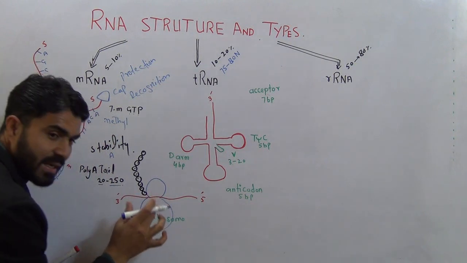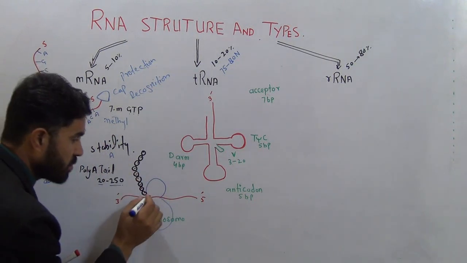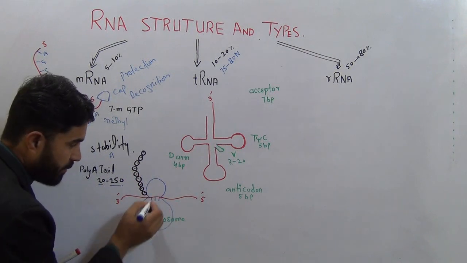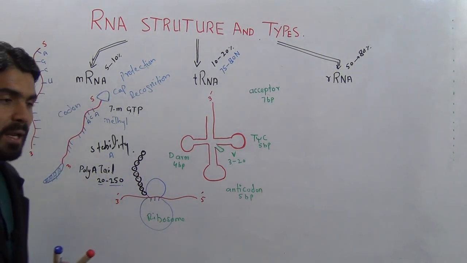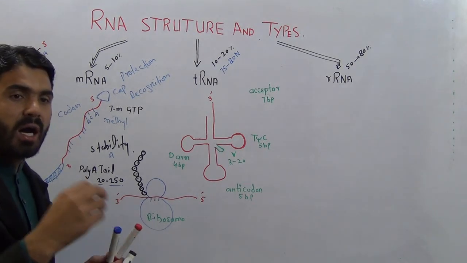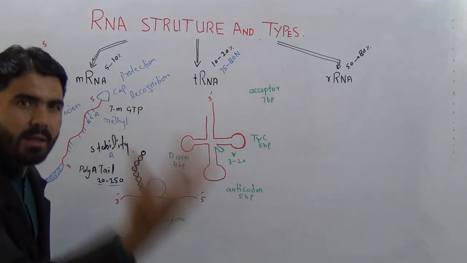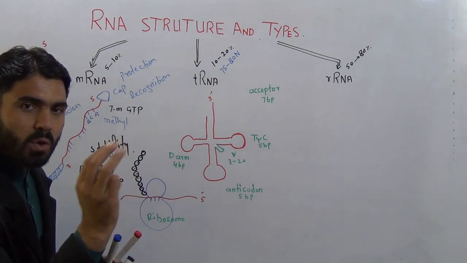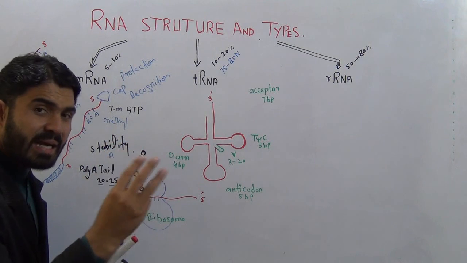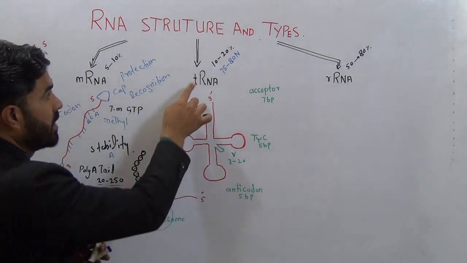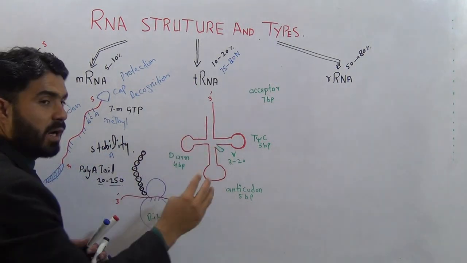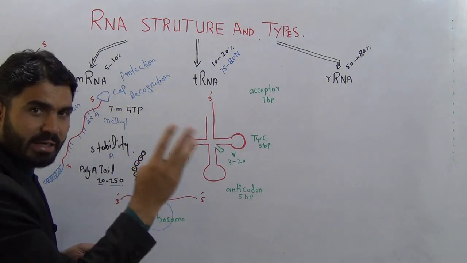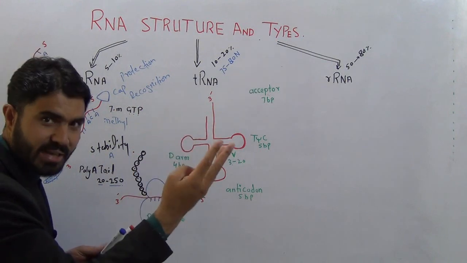And once it arrives at the ribosome, its codon will be exposed here. Fine. So we will search for another RNA, the transfer RNA, that will have the complementary triplets, but in that case it will be called an anticodon. In the transfer RNA there are also triplets of nitrogenous bases, or you can say nucleotides.